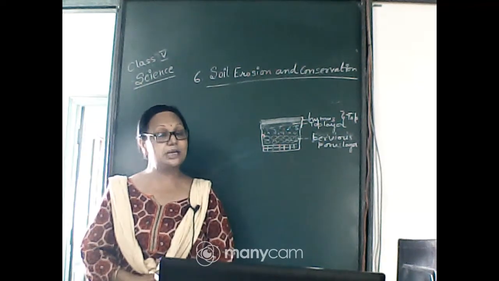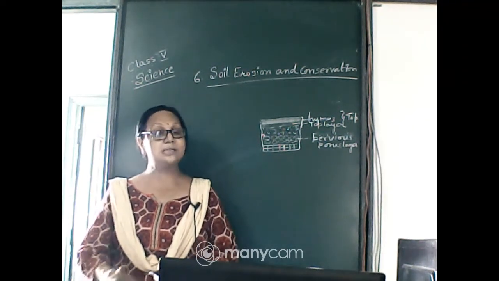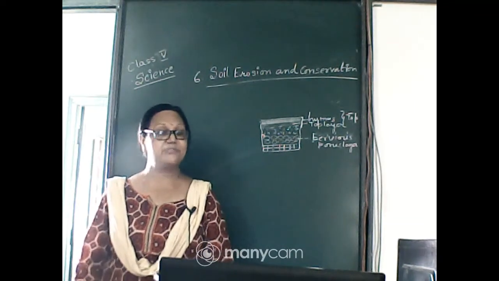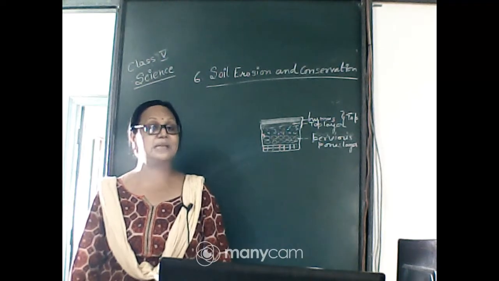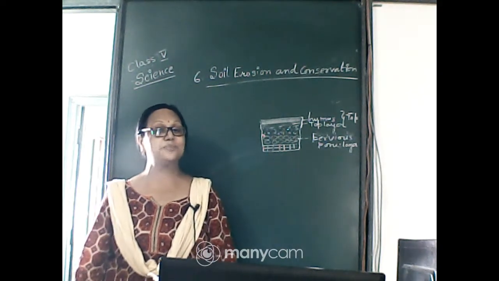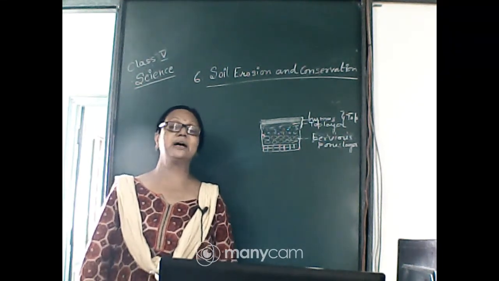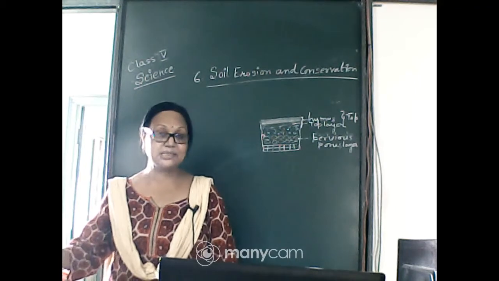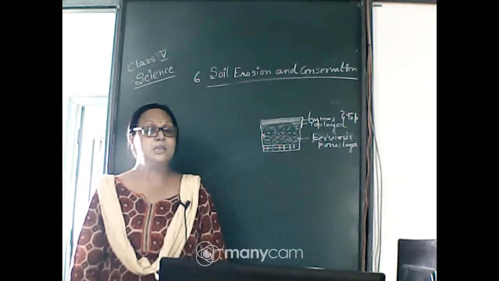So this layer is very important for small animals as well as for plants and for farmers, because it is useful for the growth of plants. Taking away this layer from the top portion of the soil is called soil erosion.